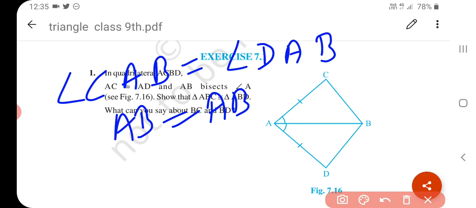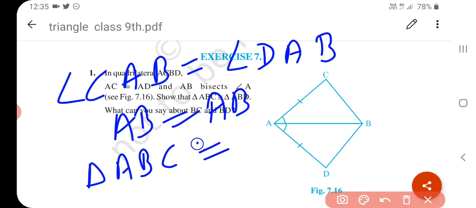So you can write triangle ABC is congruent to triangle ABD. Now both triangles are congruent. If two triangles are congruent, then by CPCT, all their corresponding parts are congruent to each other.